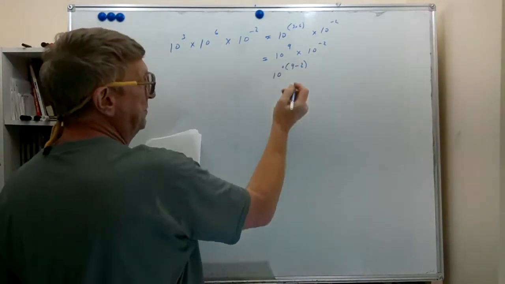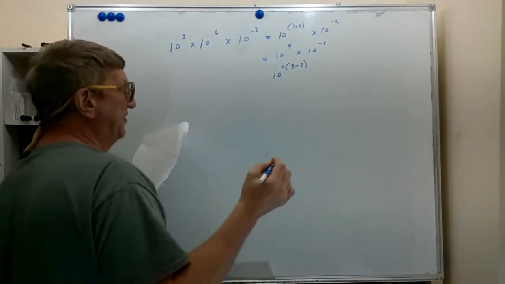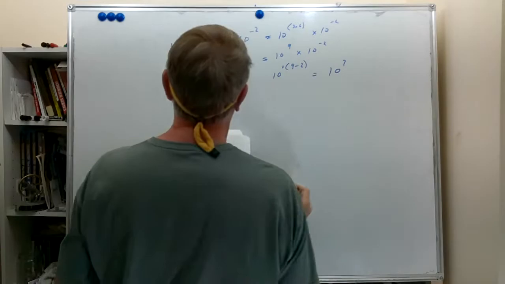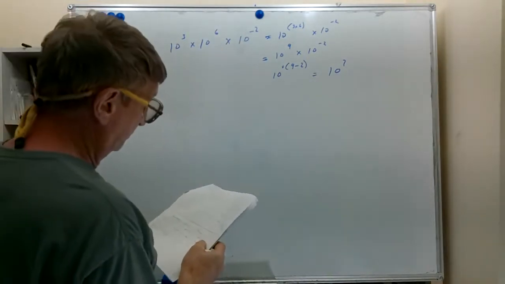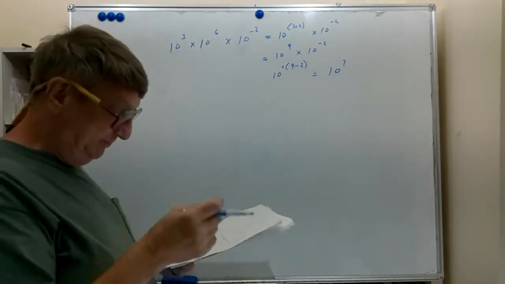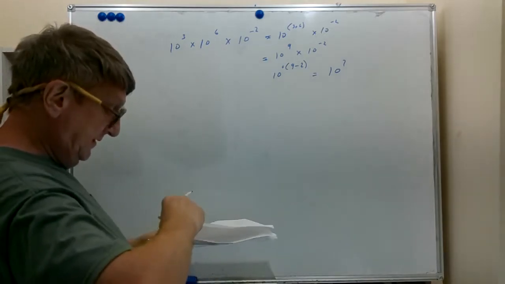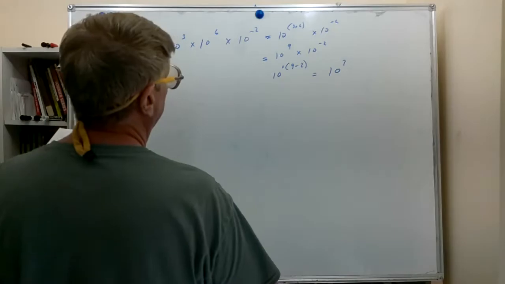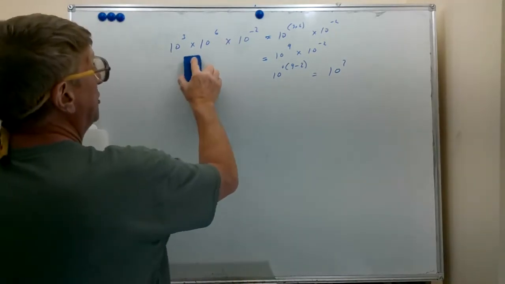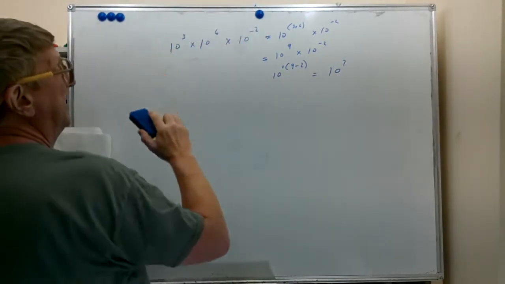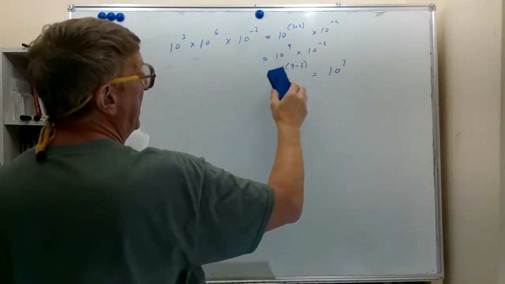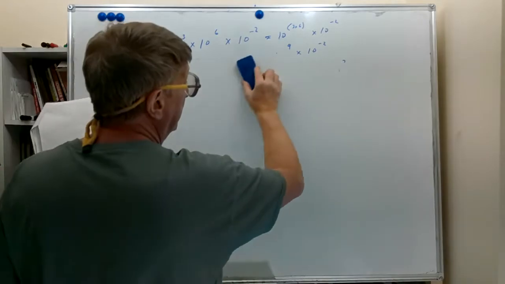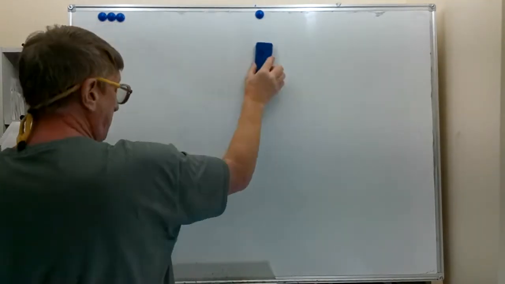I'll put the plus there, but we don't actually need it. It equals 10 to the 7th power. We used our rule for multiplying the same sign, simplified that, then used our rule for multiplying opposite signs and simplified that, and came up with 10 to the 7th power.